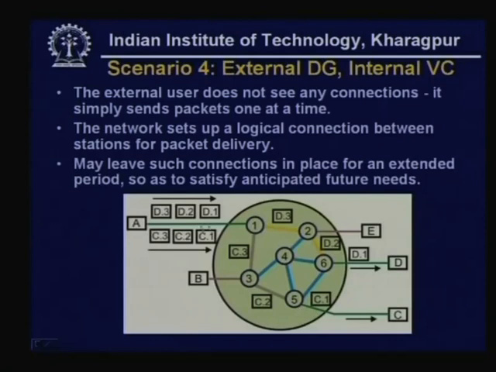However, externally it is datagram. So, you see the 4 situations of external and internal datagram and virtual circuit, and here we have seen how internal paths are created and the packets are delivered at the destination using external datagram.